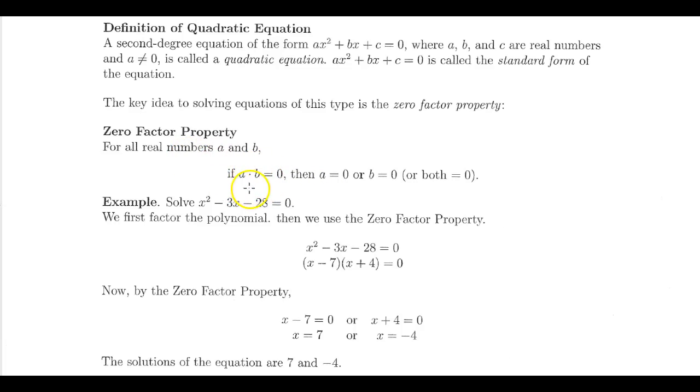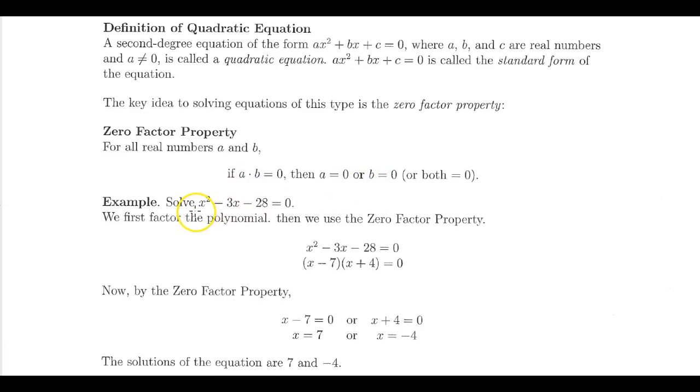So if two numbers are multiplied and give a product of 0, then either the first factor is 0 or the second factor is 0. In math, we have this inclusive or, so both could be 0. That's the either-or-both idea we use.